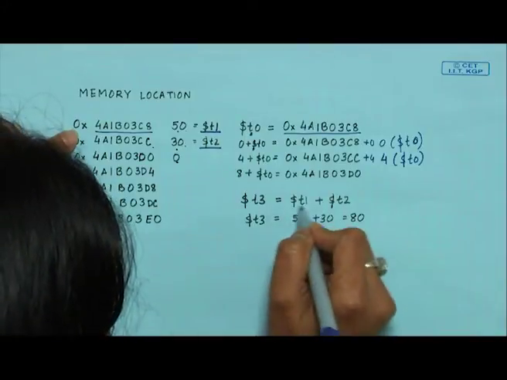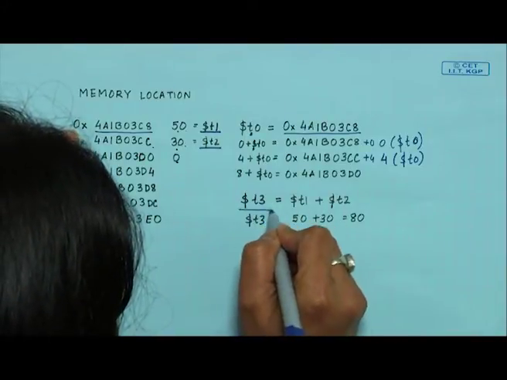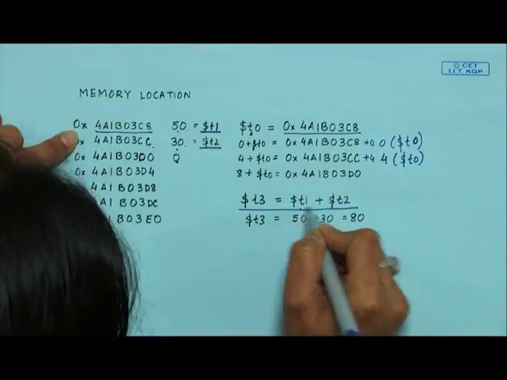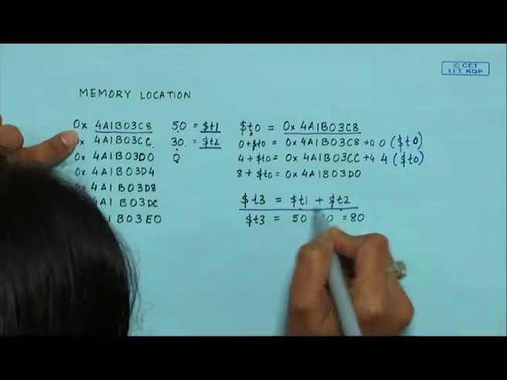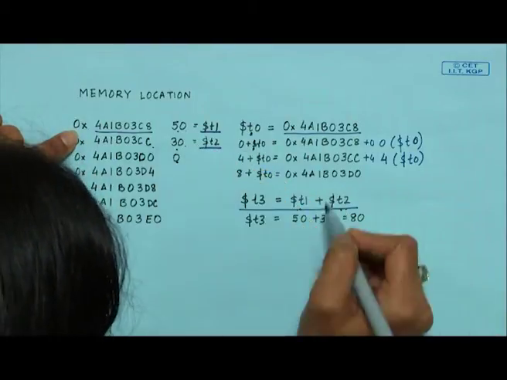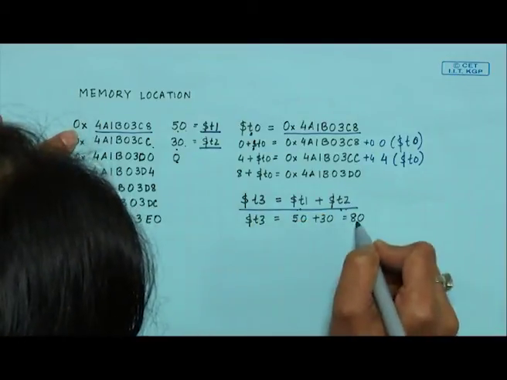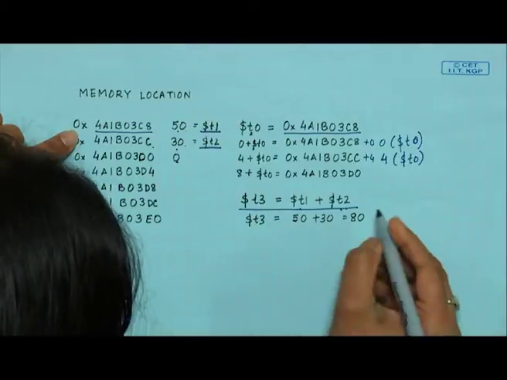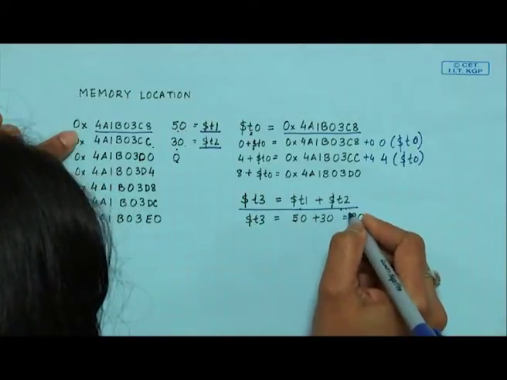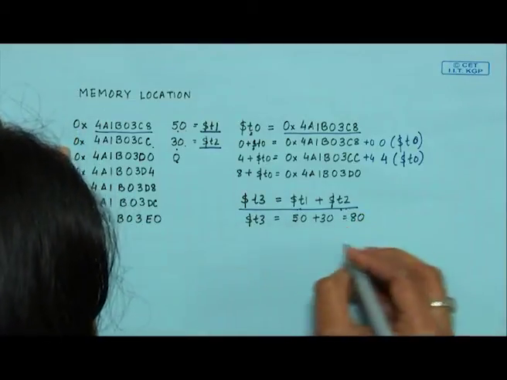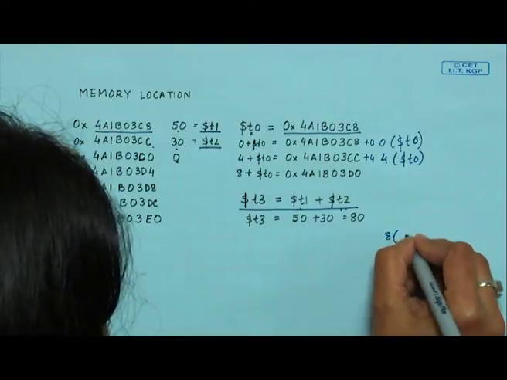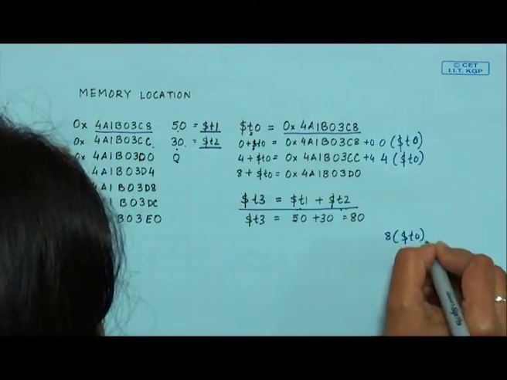Now, I am doing an operation which is T3 equals T1 plus T2. T1 and T2 are 50 and 30, which get added and stored in T3. So, in T3 now I have 80. Now, this 80 I have to store in 8 of $T0.